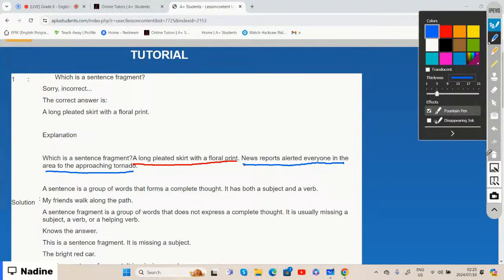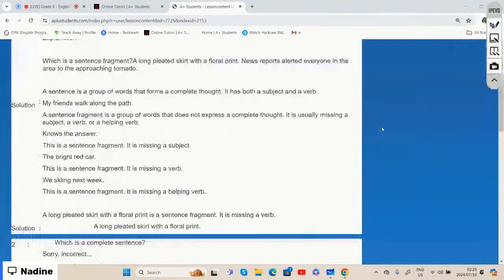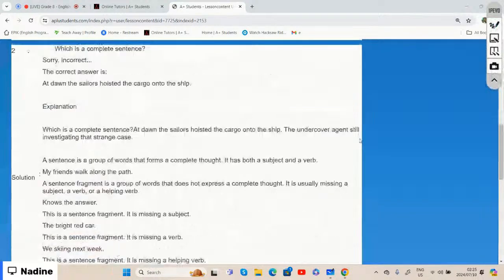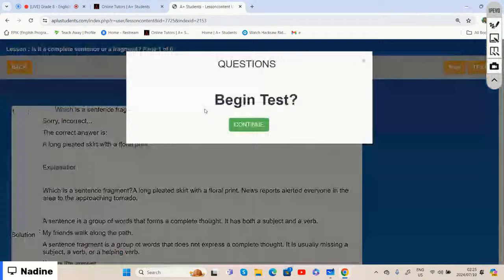All right, and if we were to choose our correct answer, we would say it is a long pleated skirt with the floral print, right? So it's missing a verb. All right, let's go to our test. We are going to say if it is a sentence or a fragment, right?